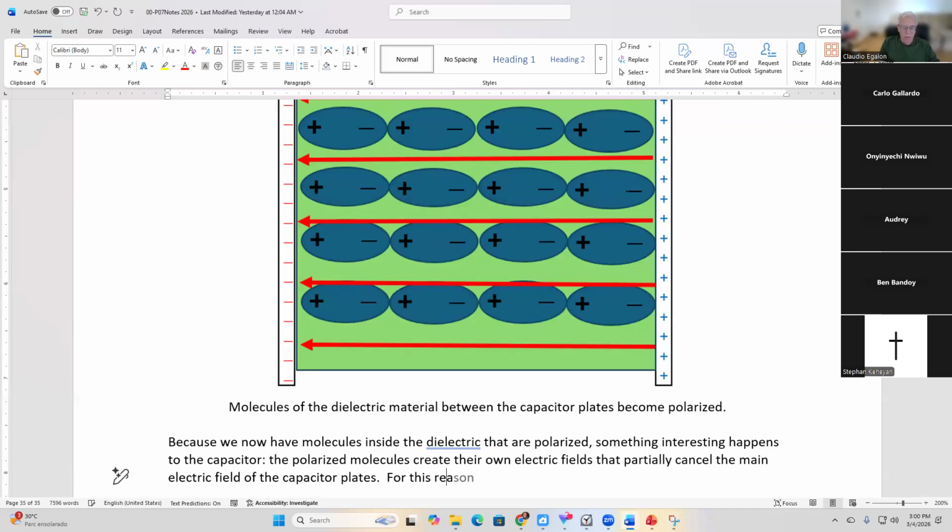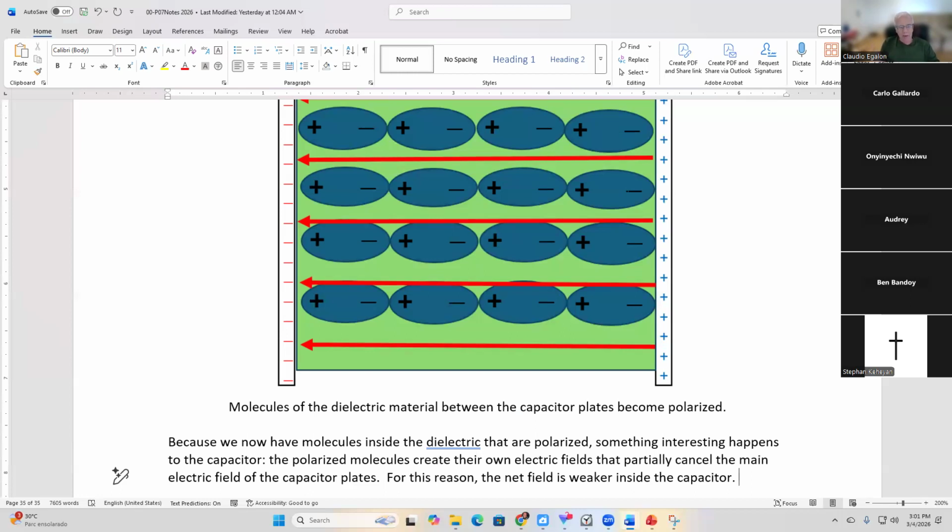For this reason, the net field is weaker inside the capacitor, just by introducing this dielectric material. If we have vacuum in there, vacuum has no molecules whatsoever, so there won't be any decrease in the main electric field.